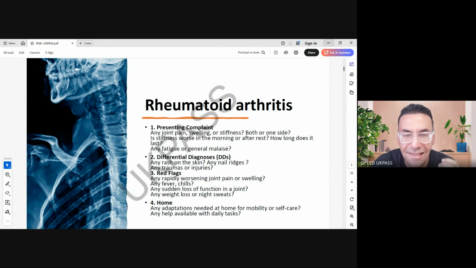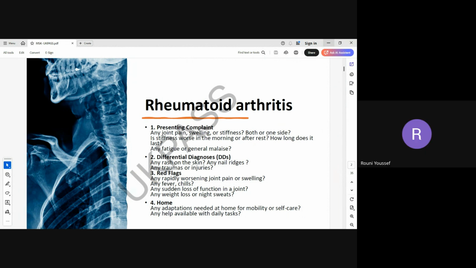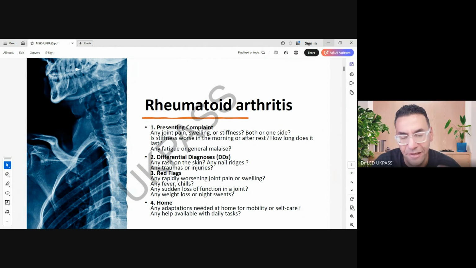What does that sound like? Psoriatic arthritis, perfect. Any trauma or injury? Another rule in MSK: trauma and injury are always very important to ask about in your differentials, as they can cause joint pain.